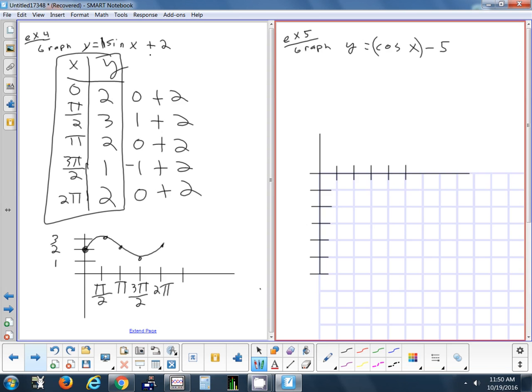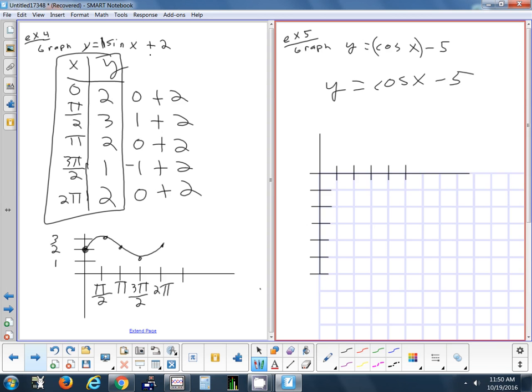What if I did this? Someone else tell me, is that still a vertical shift? Eric? Well, what other option are you thinking it could be? The phase shift.